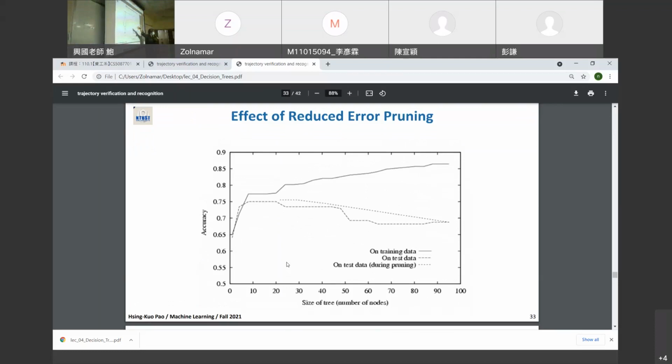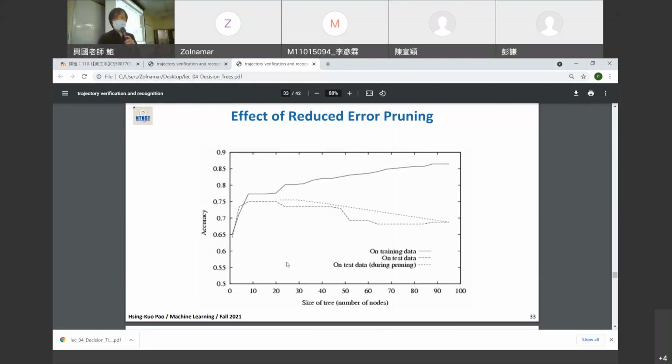Post-pruning means we go all the way, then shrink the tree to see if at some other moment the test accuracy is maximum, and then we stop.